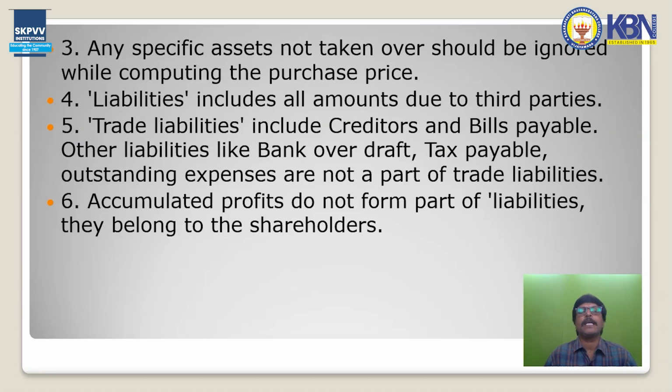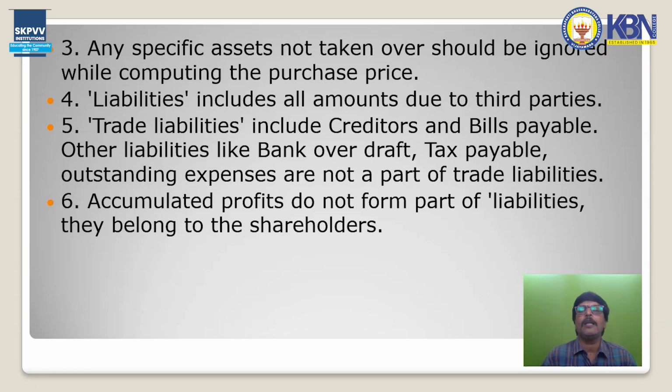Any specific asset not taken over should be ignored while computing the purchase price. For example, any asset, maybe furniture or plant or machinery, which is not taken over by the purchasing company, we should not consider that particular asset while computing the purchase price. That means we have to exclude the asset not taken over by the purchasing company.